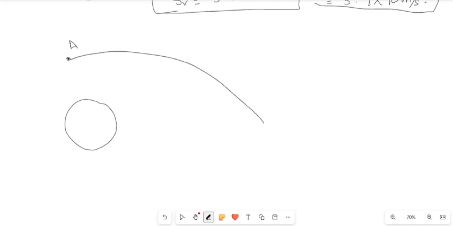Now, the second part says, one possible path of the spacecraft is shown in figure 1.1. In figure 1.1, we have a planet, and this is point A, point B, this distance, and then we have this distance, 5 into 10 raised to the power 7.